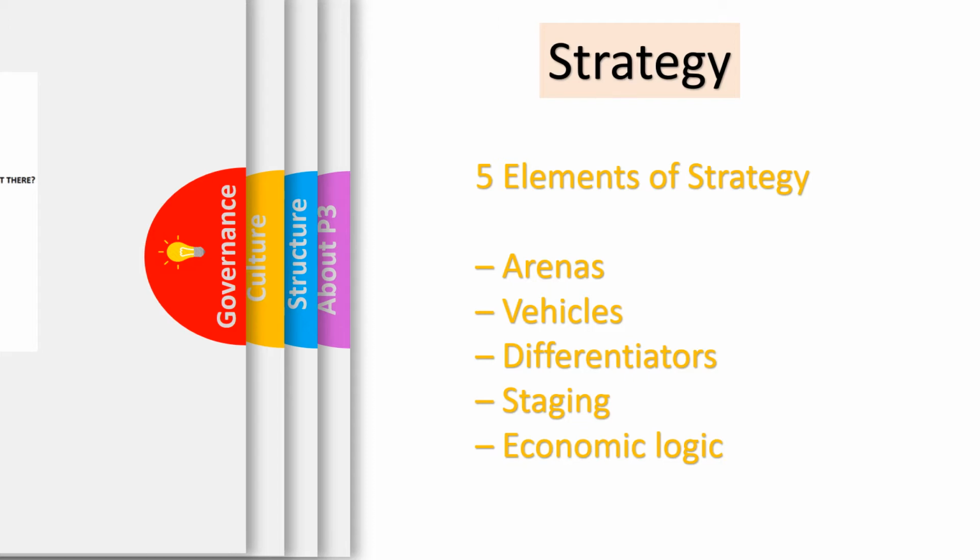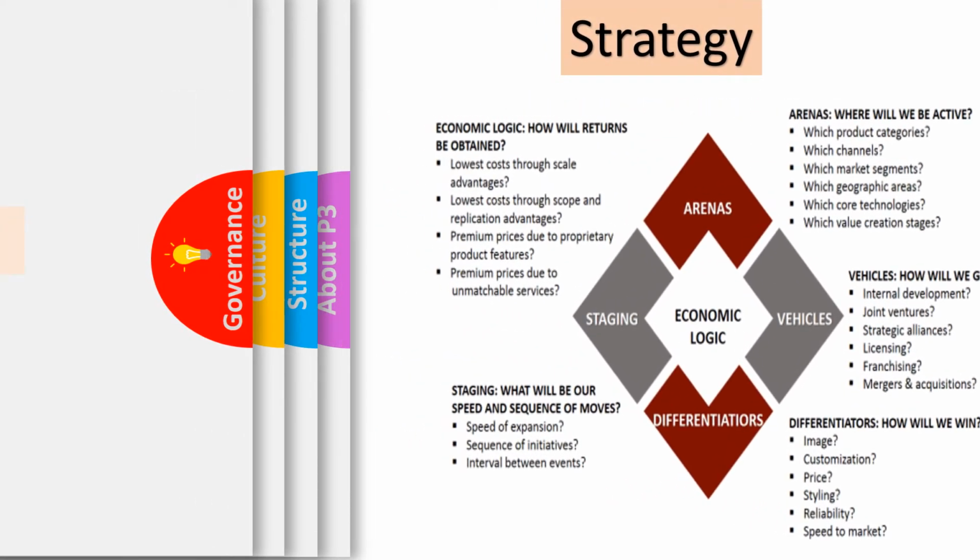So if we look at the five, we can see these include various things, including arenas, vehicles, differentiators, staging, and economic logic. And these are going to have an impact in terms of where you want to go, why you want to go there, and who are your competitors in those marketplaces, and how you're going to compete with them.